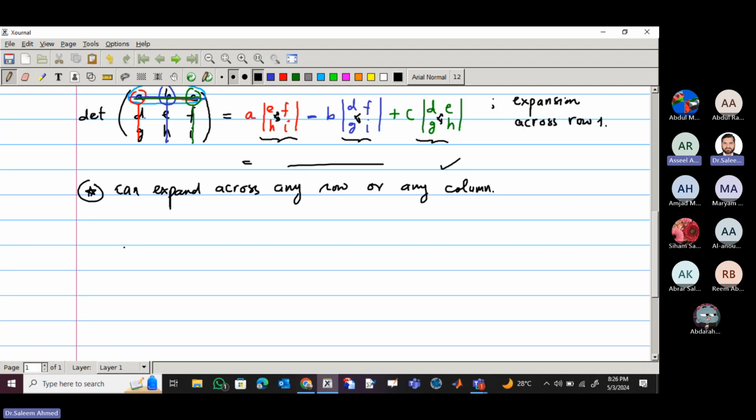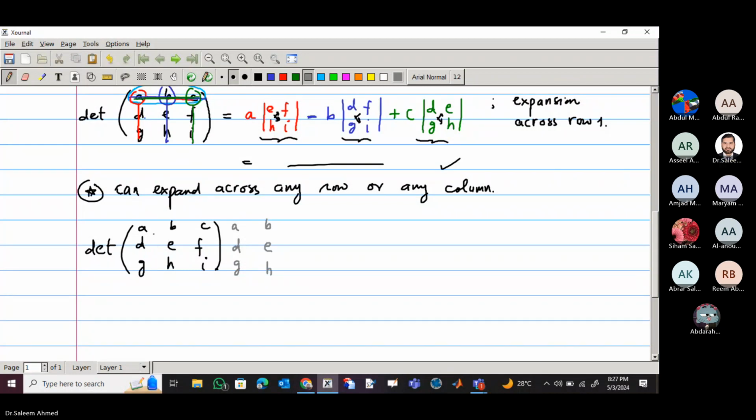Anyway, there is another way of finding the determinant. For a 3 by 3 matrix, A, B, C, D, E, F, G, H, I, they say, okay, you repeat the first two columns, write them outside. A, D, G first column and second column. Repeat the first and second column, write them outside.